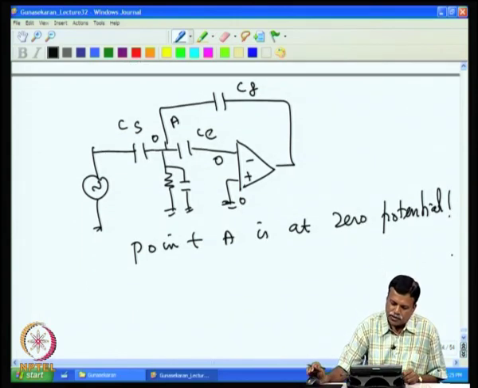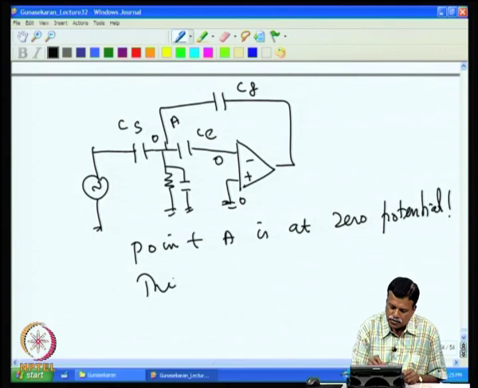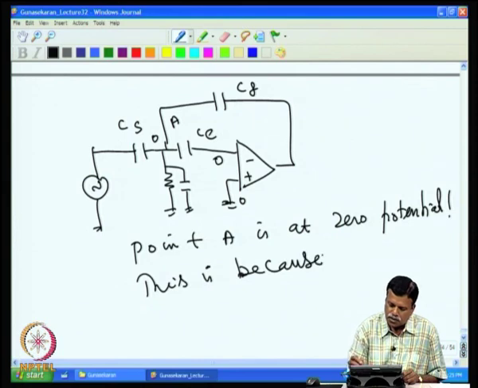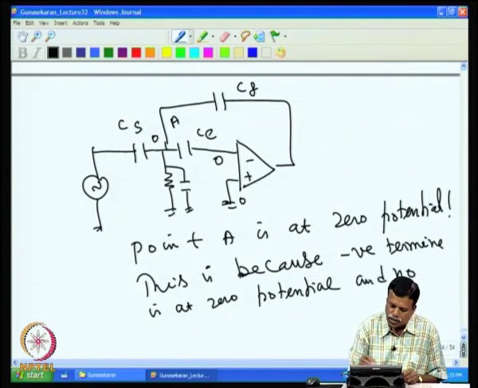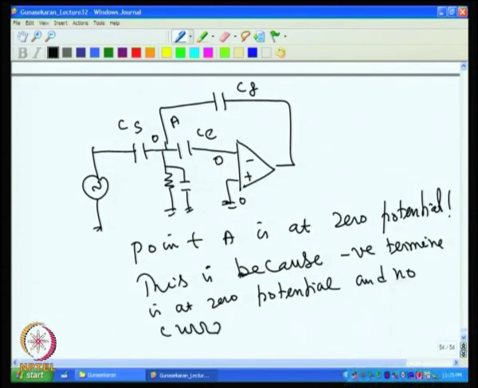In that case, my negative terminal is at 0 potential, and there is no current through CE.